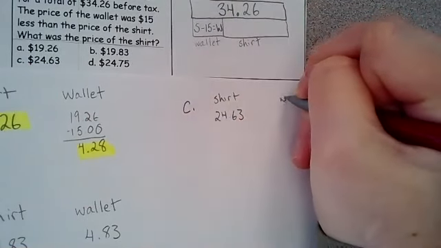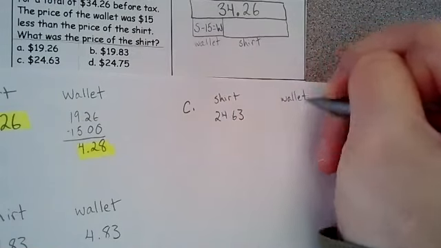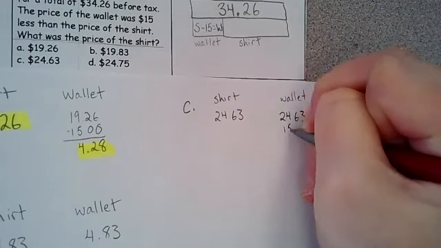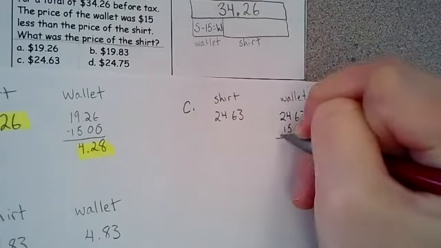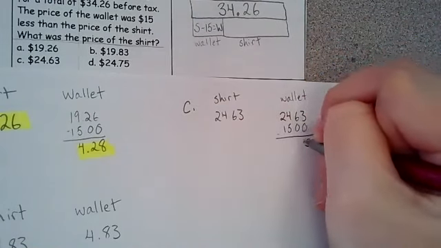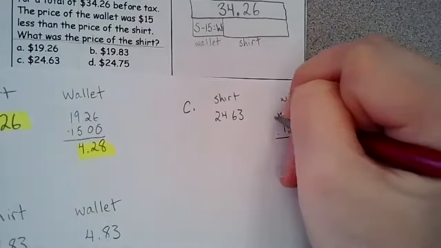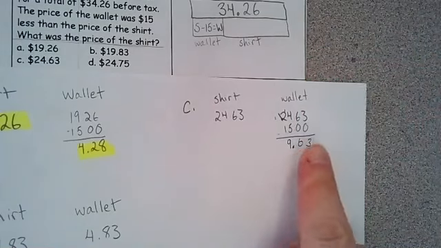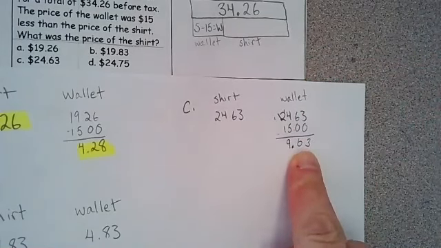So you're going to come over here. You're going to go wallet. You're going to take $24.63 and you're going to subtract 15 from it to get the price of the wallet. That's $3.33. That's 6. I'm going to borrow. That is $9.63. So the wallet is $9.63.